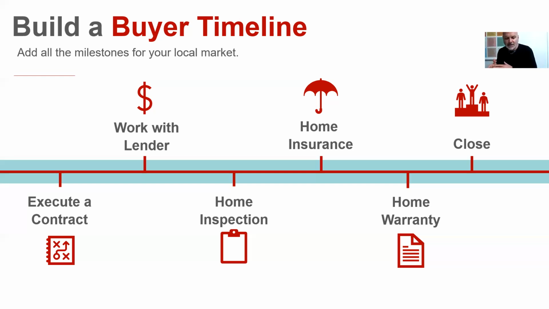Every area does closings a little differently. In our area, we work with escrow. I think below Santa Barbara, escrow and title are two separate entities. And in some states, you're working with a lawyer who executes the final documentation at a closing table. But here in Southern California, we work with escrow and title.